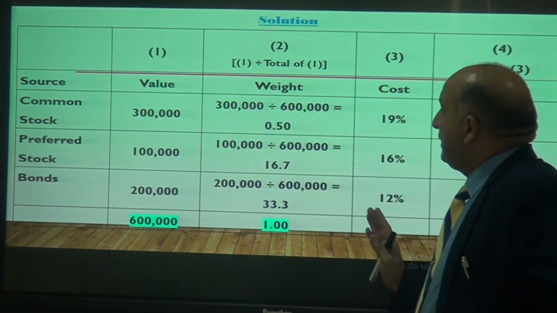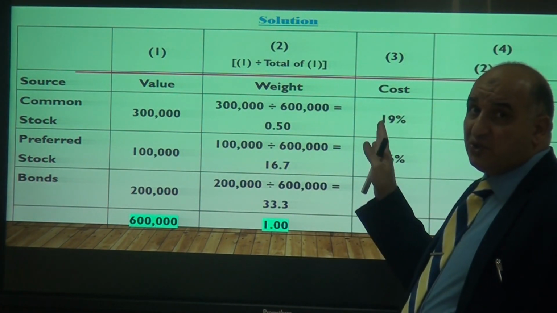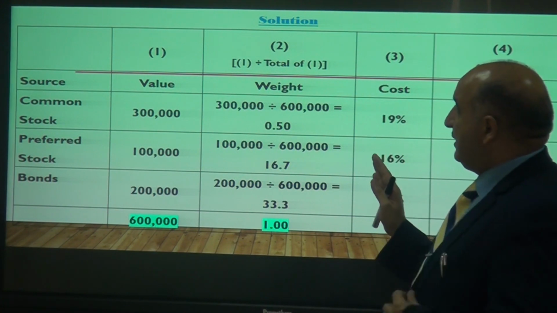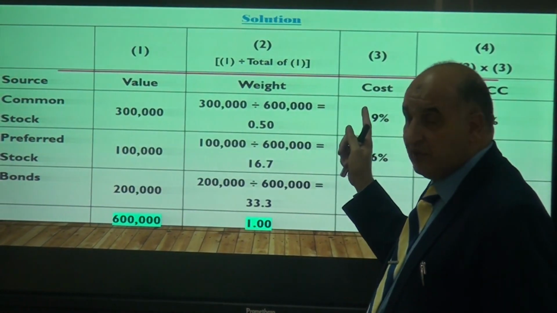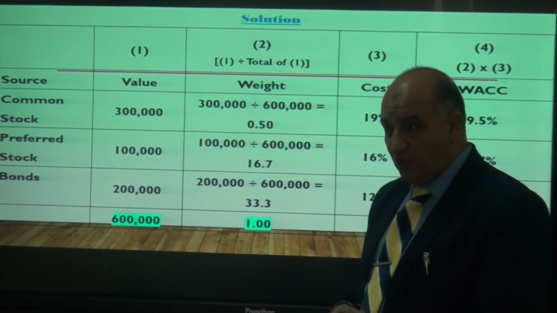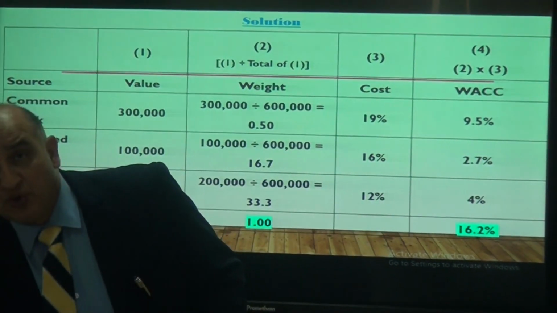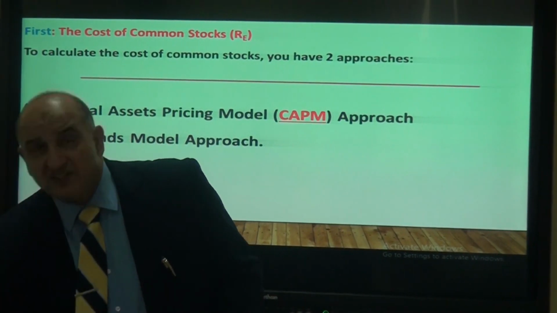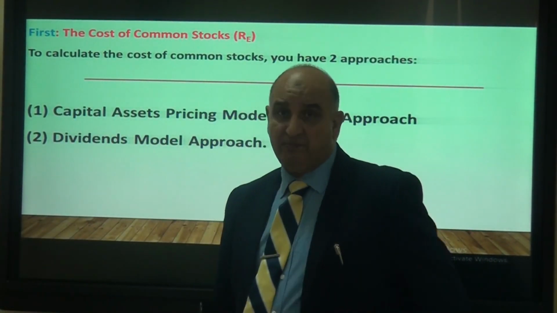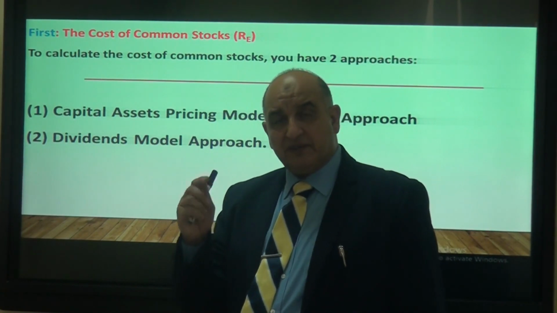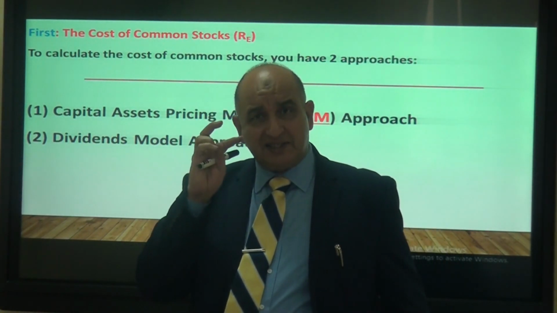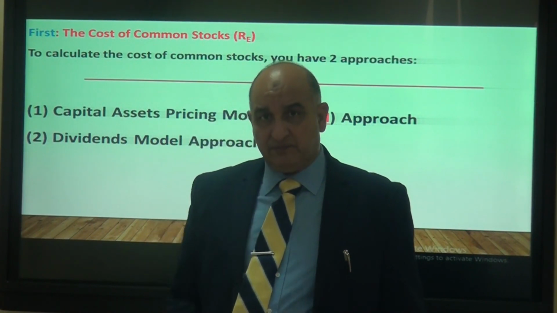Okay. Now, this is the most important column. How can we calculate the cost of common stocks? To calculate the cost of common stocks, we have two approaches. The first approach we call CAPM, which is capital asset pricing model.